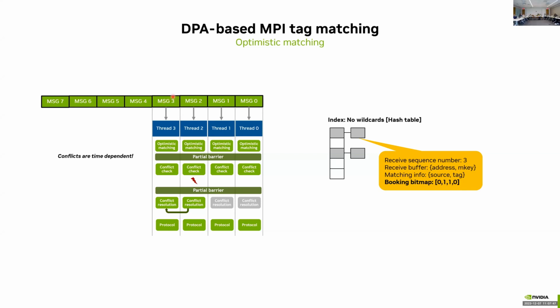Yeah. The reason I'm thinking this is because this is a software-defined technology, right? So in addition to source and tag, you can have additional fields to identify whether these messages or receives are for the same stream of messages or are independent streams.